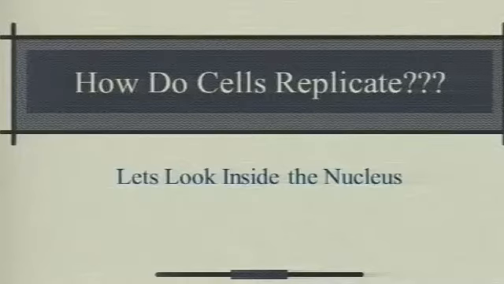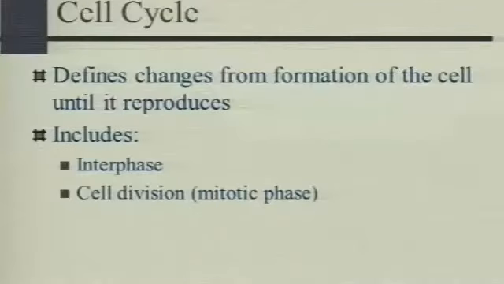Okay, how do cells replicate? This probably sounds a little bit familiar. We're going to be talking about mitosis here. We're talking about meiosis when we talk about reproduction at the end of our journey in the spring. Okay, so the cell cycle is comprised of 2 major groupings. There's interphase, during which a cell is resting and also replicating its DNA.